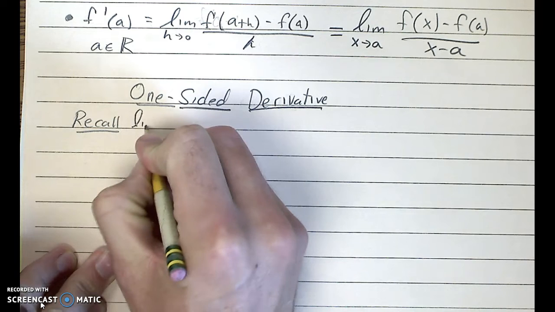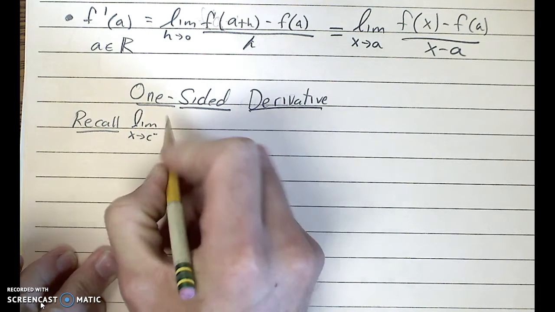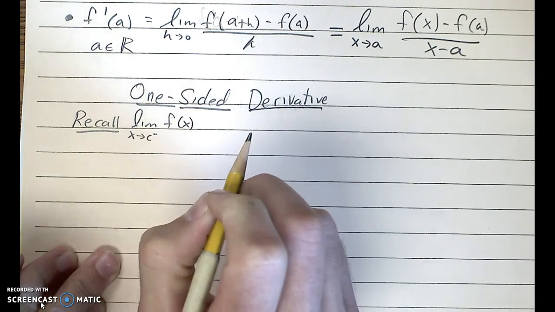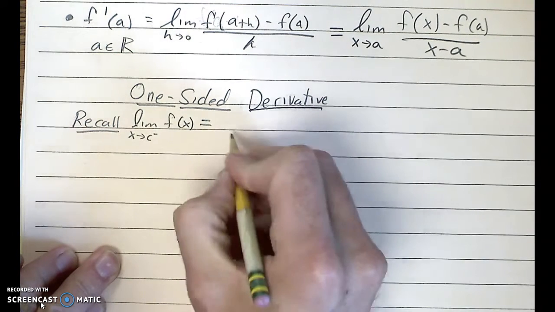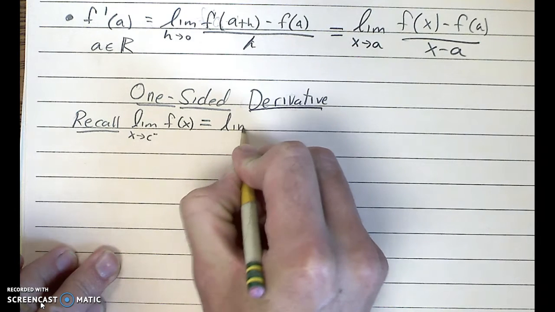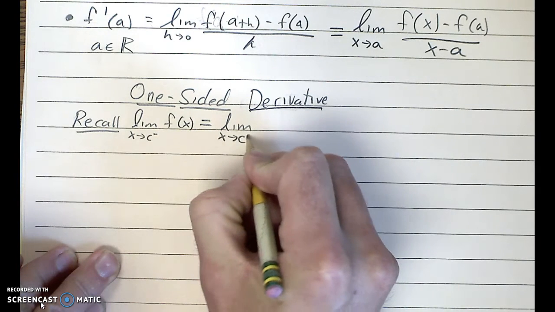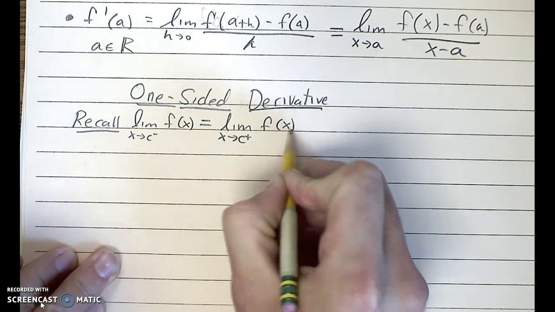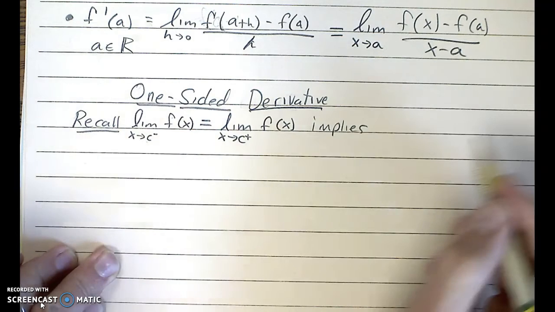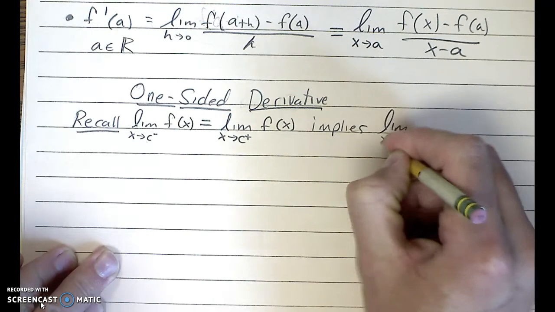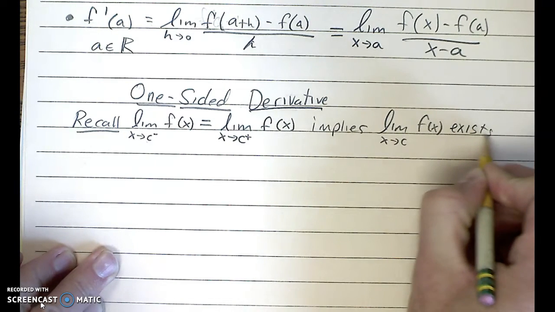So the limit as x approaches c from the left of f of x... Anyway, this must be true, that the left-hand limit equals the right-hand limit. So if the left-hand limit equals the right-hand limit, that implies that the limit as x approaches c of f of x exists. Okay?